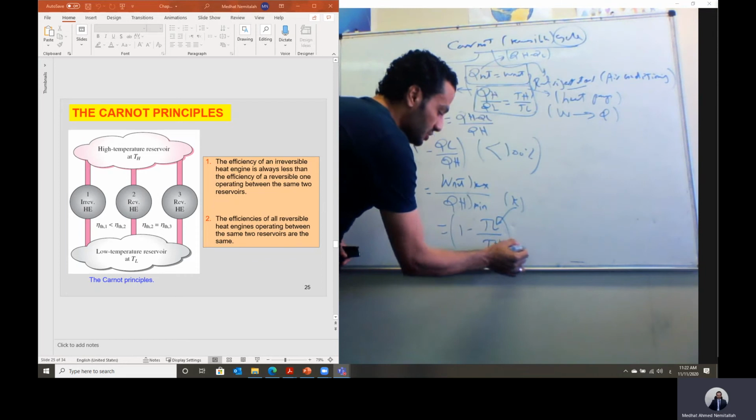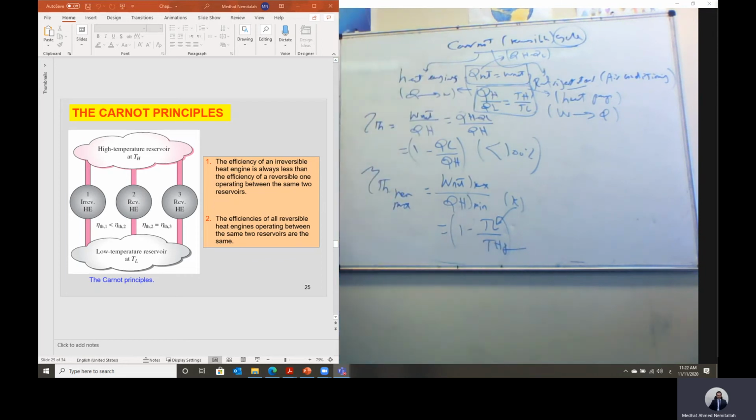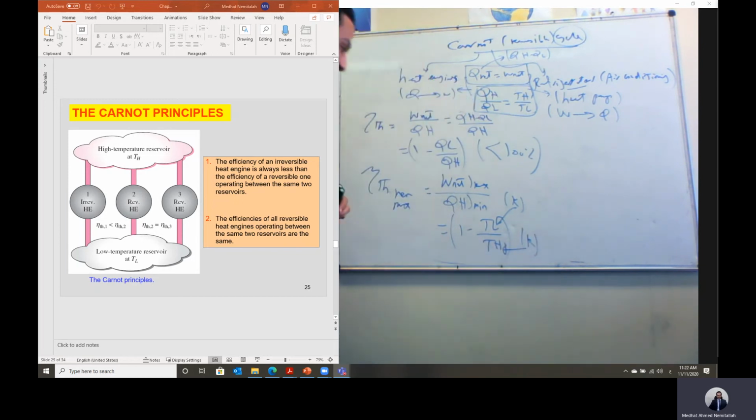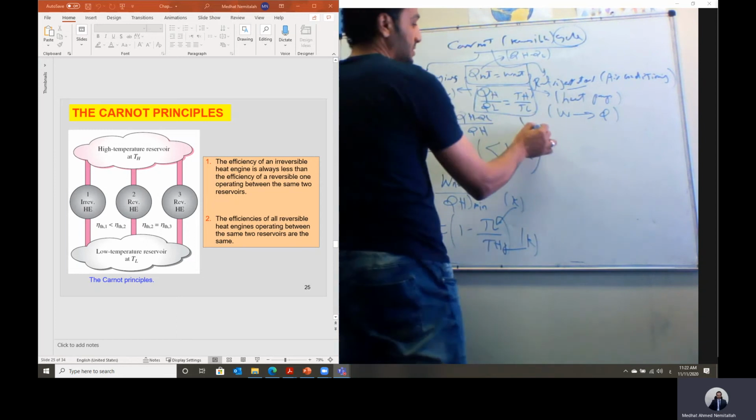T high is the temperature of the source of heat transfer to the boiler, which boils steam when we have a steam power plant as an example of a heat engine. And these should be substituted in Kelvin. Okay, this is regarding the heat engine.